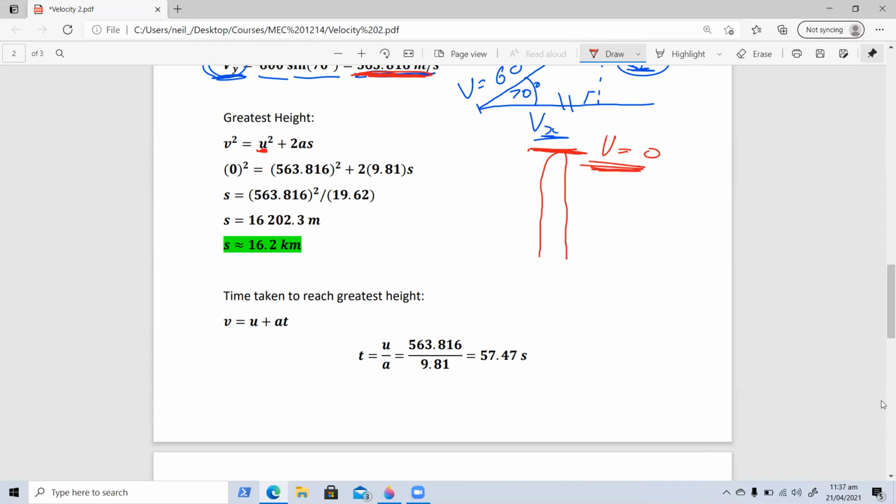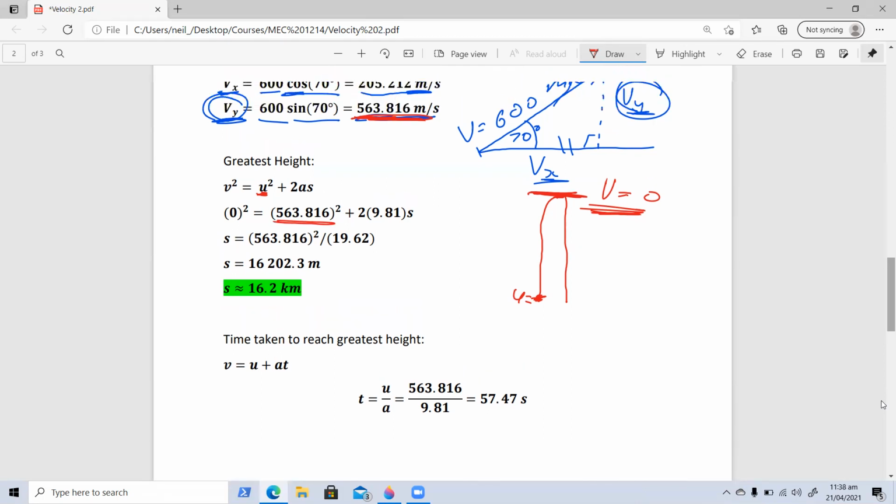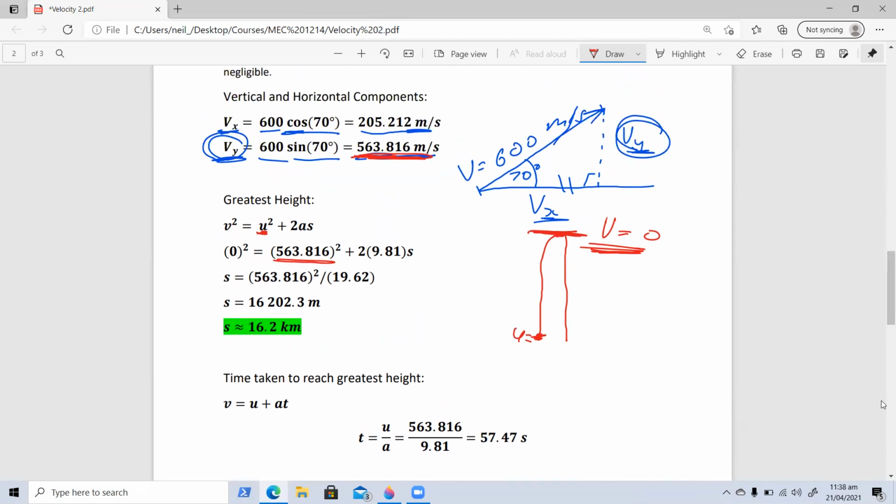So what we're doing is using that initial velocity, the vertical component of the 600 meters per second, the vertical component alone, and saying that at the point when V is 0, what is the distance? Plugging those in, U is 563.816 squared plus 2 times acceleration due to gravity, which is 9.81.